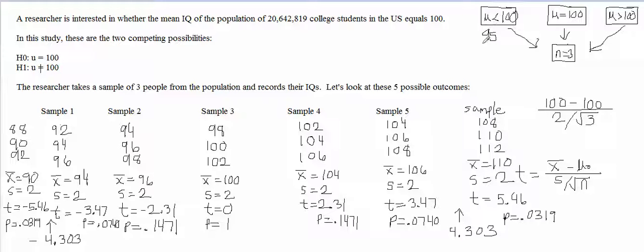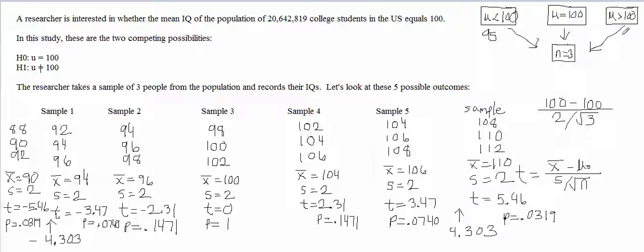If the population mean is 95, you expect a sample mean somewhere near 95, such as a sample mean of 94 or a sample mean of 96. So if the population mean is under 100, we would expect a sample mean somewhere down here at the left end. And because of that, we would also expect a more highly negative t-score down here somewhere.